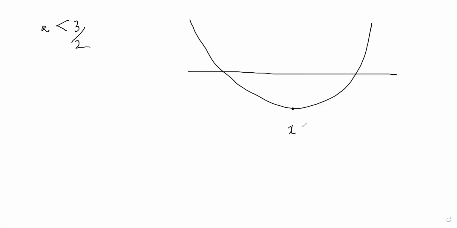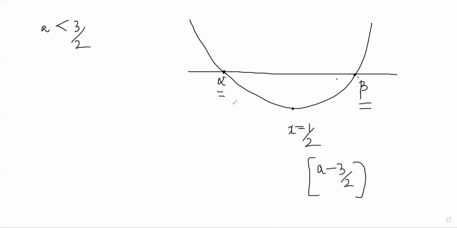The minimum is at x equal to half, and the value was coming out to be a minus 3 by 2, the value of the minima. So now these are the two real roots, alpha and beta. We don't have to find the sum of the real roots, right?